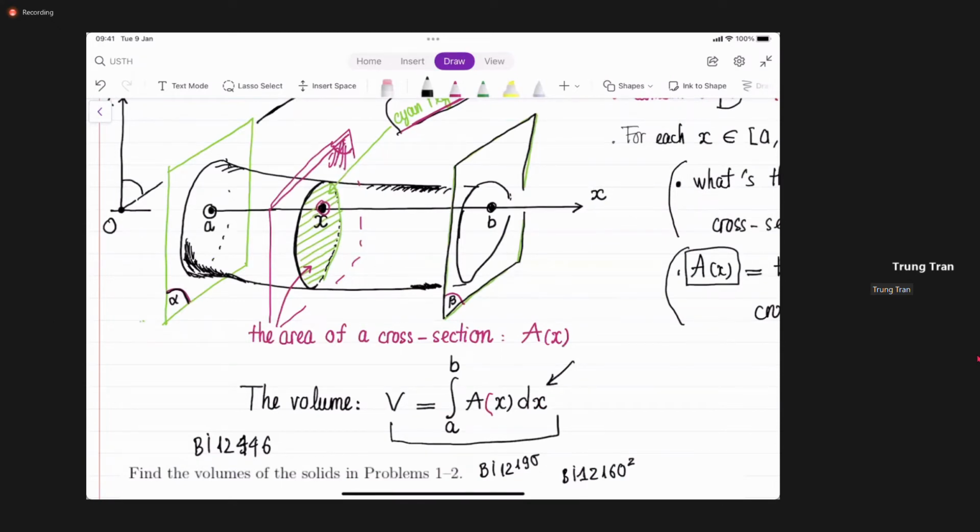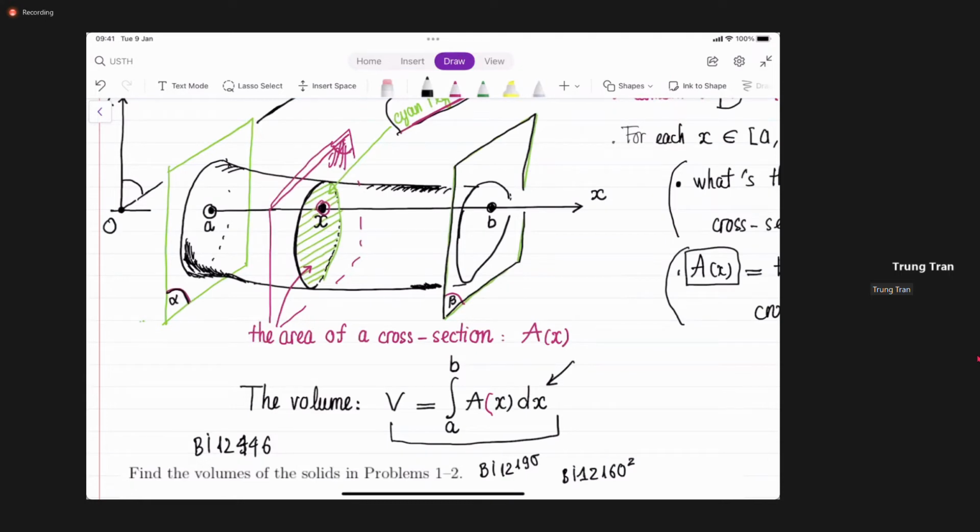This is the key step of our study, and the remaining work for you is how to compute this integral.